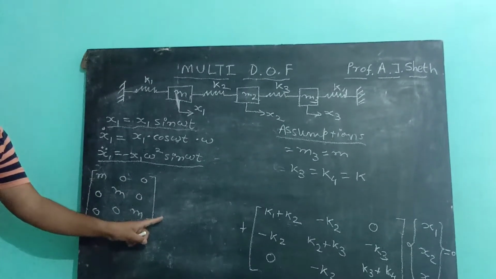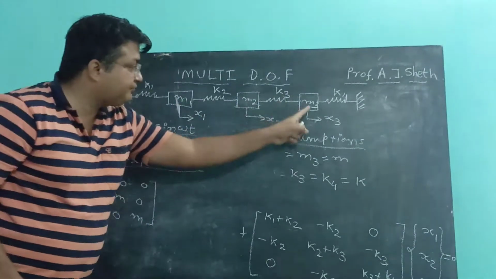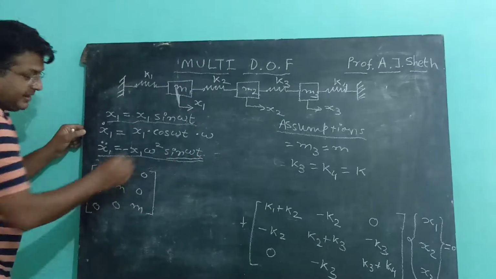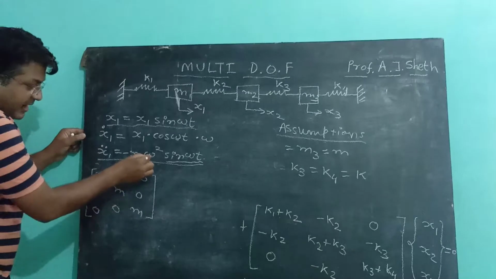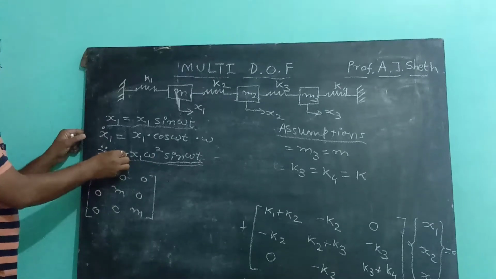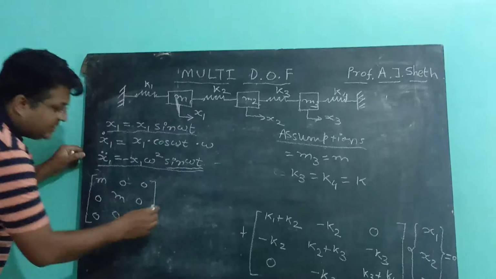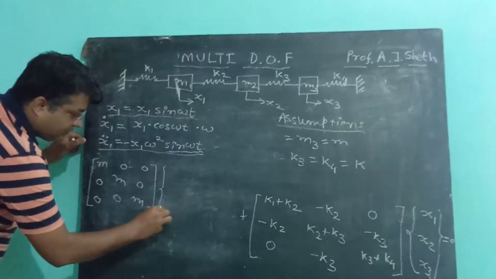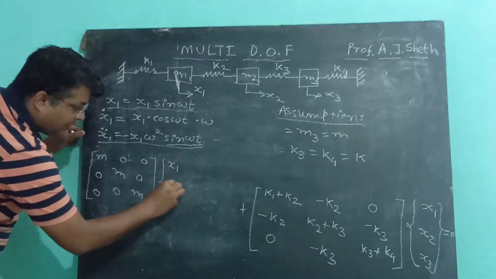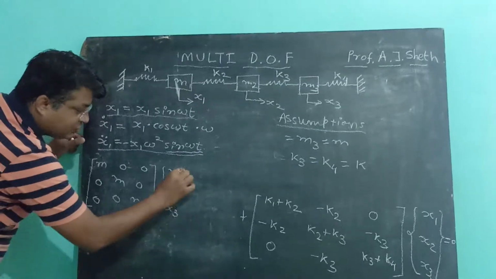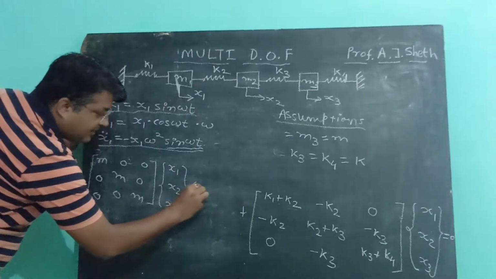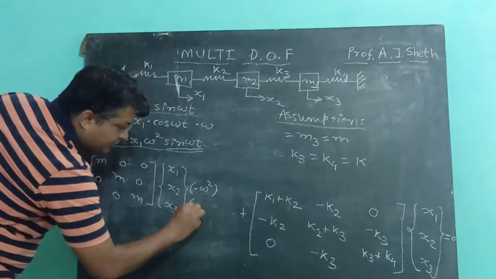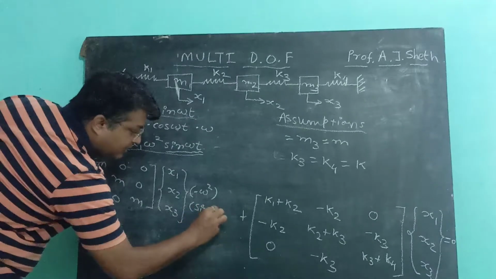That means acceleration of all three masses. So let us keep sine omega t outside, and omega square also outside, as it is a scalar quantity. So minus omega square into x1, x2, x3 and sine omega t.